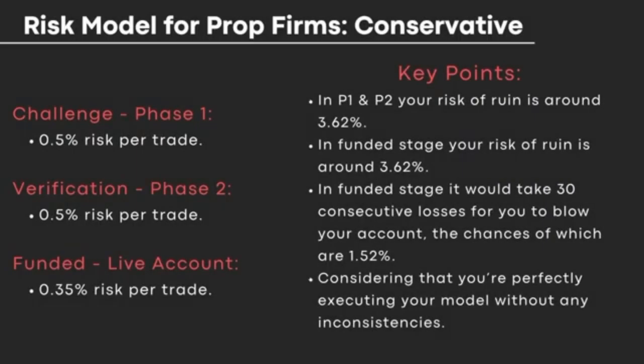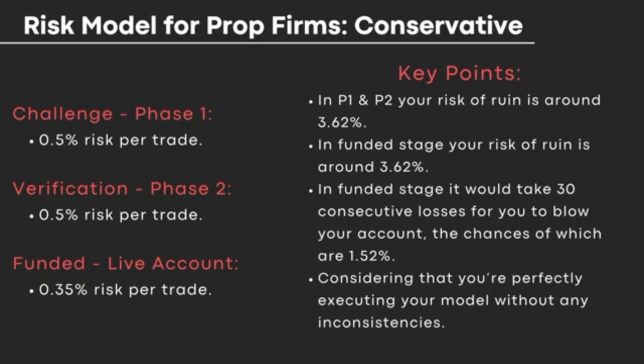And right here, here's a different model. This one is a more conservative model than the one I showed you earlier. Even for this risk model, the same model is used that I showed you earlier with the 40% win rate and 3 risk to reward ratio. But in this one, you'll be risking 0.5% in phase 1 and phase 2. And then during funded stage, you'll lower your risk to only 0.35%, right?